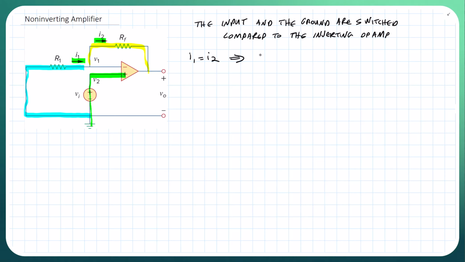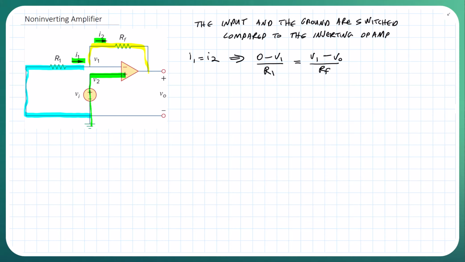That's going to give us 0 volts minus V1 for I1 over R1 is equal to V1 minus V output over RF.